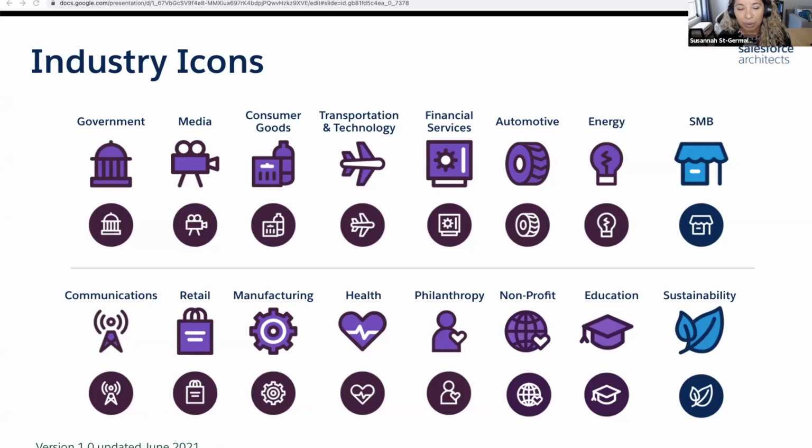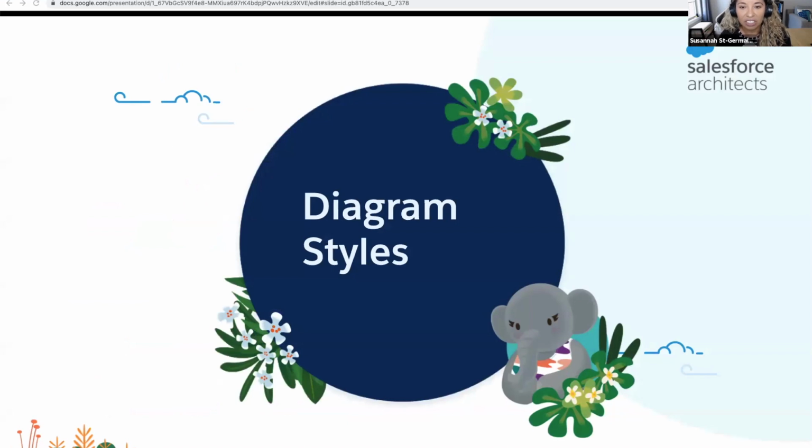Before we move into the templates, just a very quick note on diagram styles. As I mentioned at the beginning, we did a lot of research before creating this diagramming framework. And one of the things that we heard over and over is that good architectural diagrams assist with communicating to the right audience in the right way.